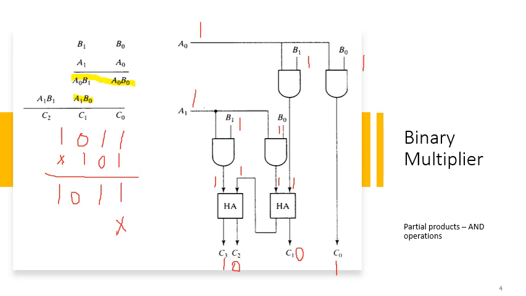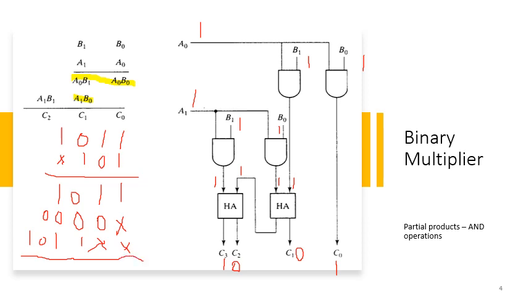The second partial product is 0 0 0 0, and the third partial product is 1 0 1 1. So we're going to add these partial products together at the same bit placement.